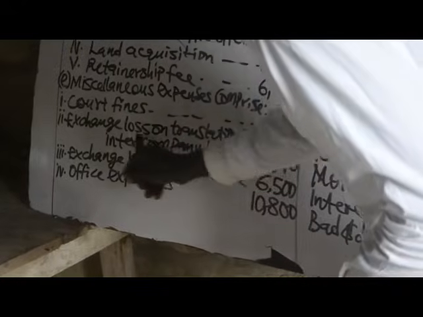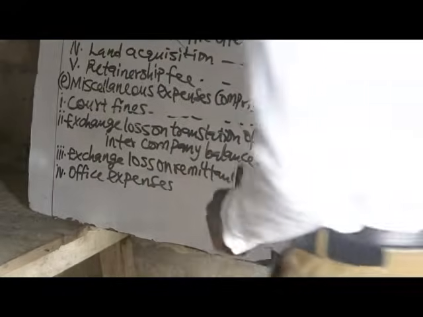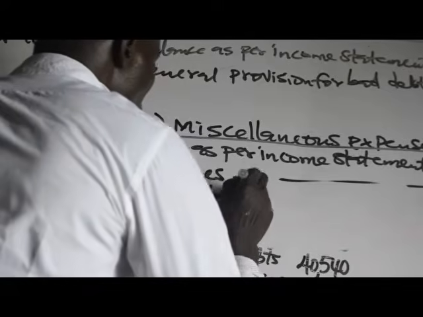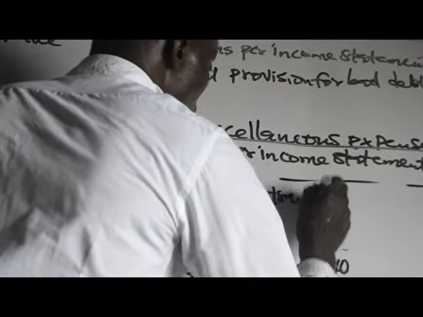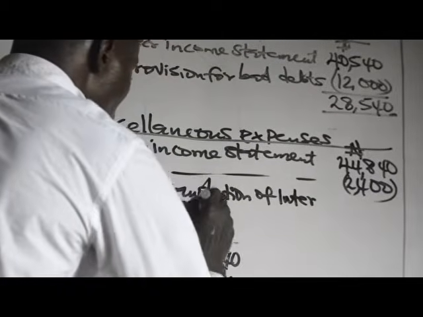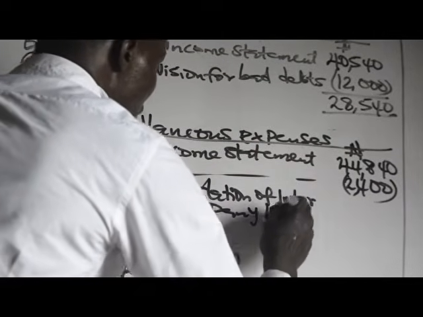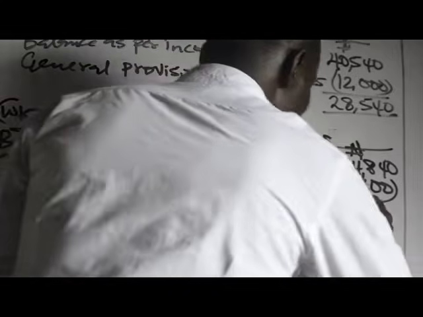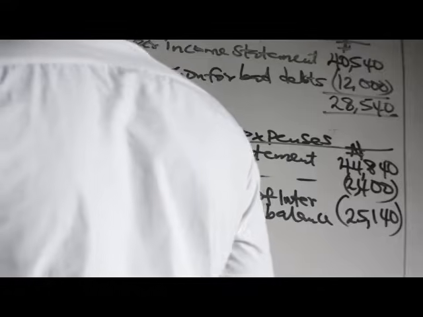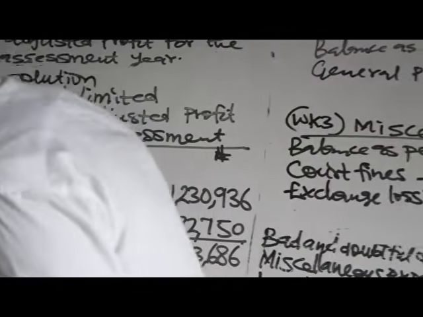Aside the court fines of 2,400, we also have exchange loss on translation of intercompany balance. That is 25,140. It's not allowable for tax purpose. We also remove that. These items have been included in the miscellaneous expenses, and that is why we are deducting that.